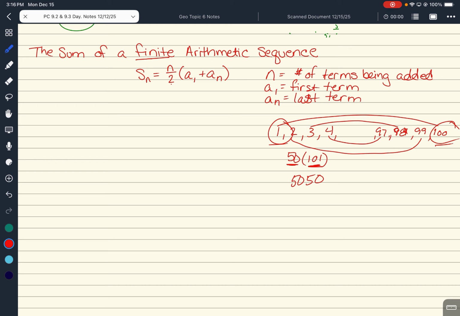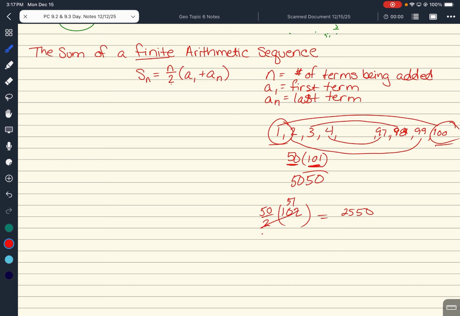So 2 plus 100 is 102. And 50 over 2, okay, is 25. Or could I just divide this and get 51? Could I divide either one of them by 2? Yes, that's legal, right? I would rather do this because then I just go 25, 5, and 0. So what's the total? 2,550.